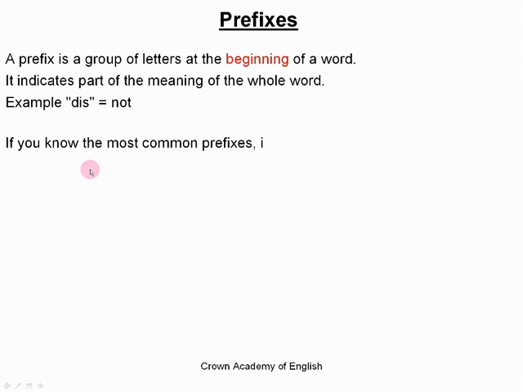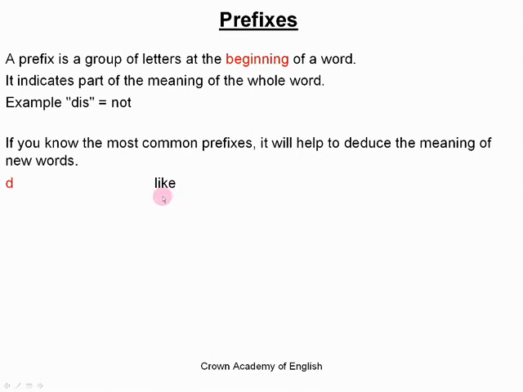And this is important because if you know the most common prefixes, then it will help you to deduce the meaning of new words. So it will help you to guess the meaning of new words. For example, I'm sure you all know the word like. For example, I have a friend, I like him.